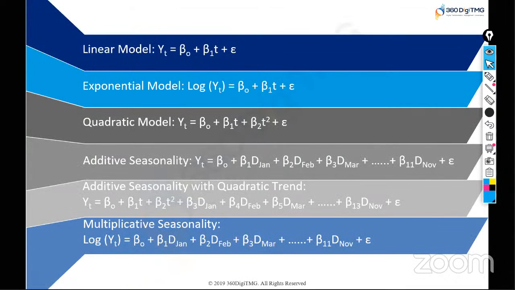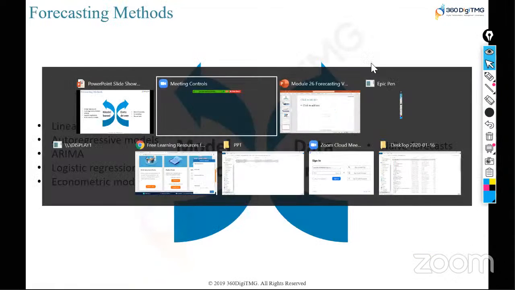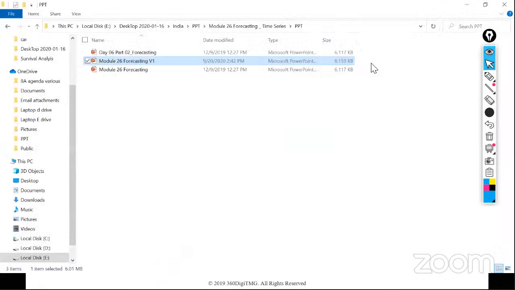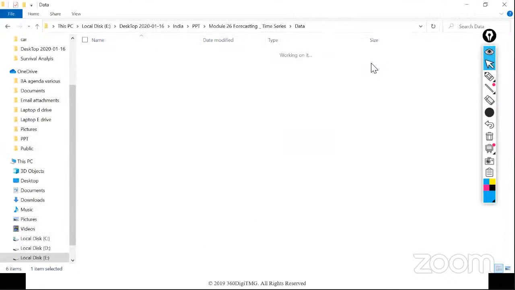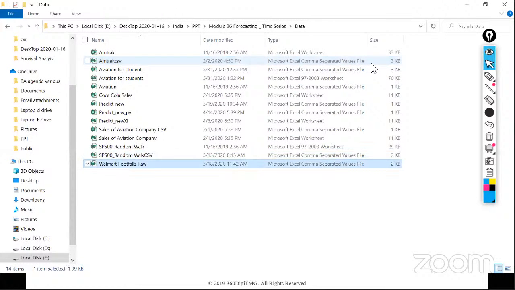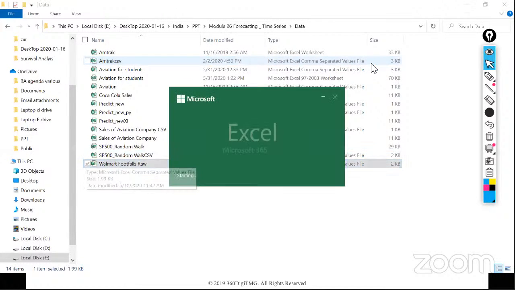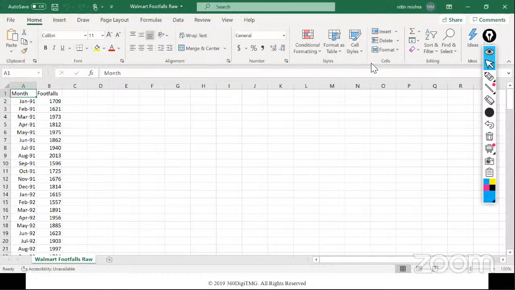Now let me go ahead and show the data. We've already seen this data, a small snapshot of the data, not the entire data. This is the data that we have.